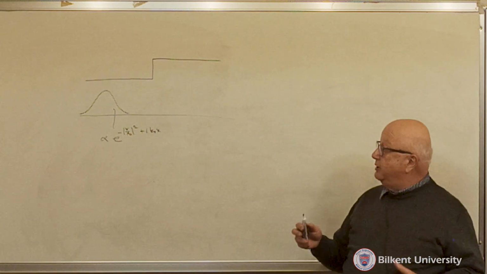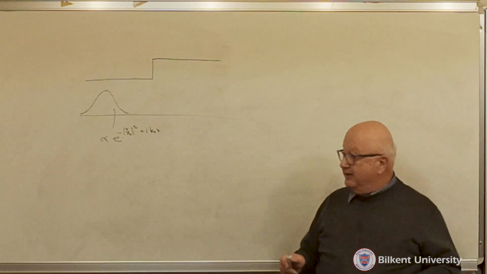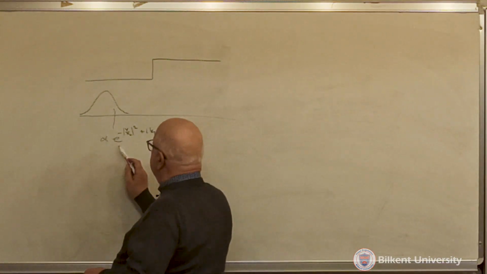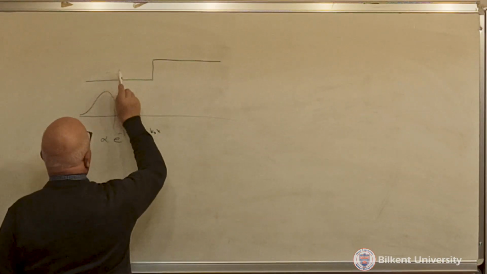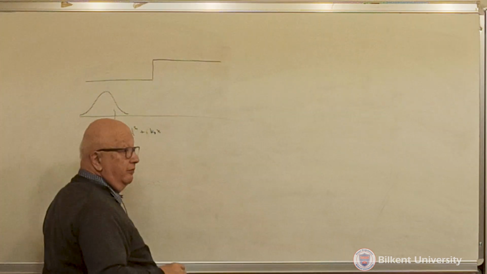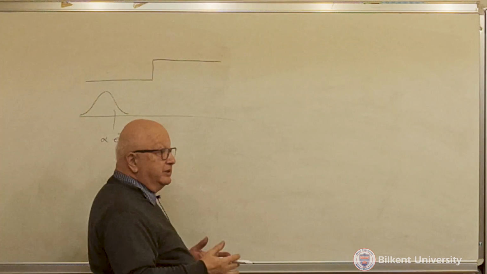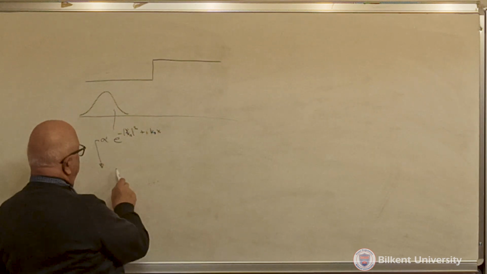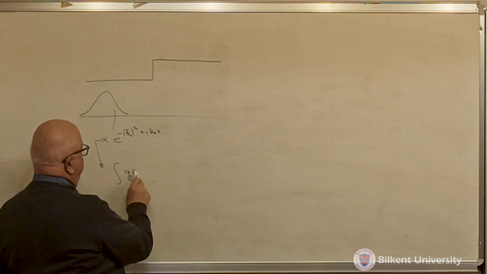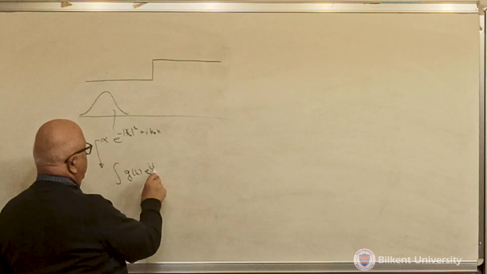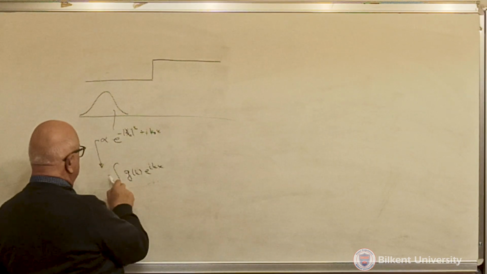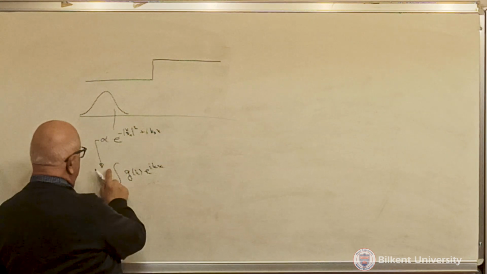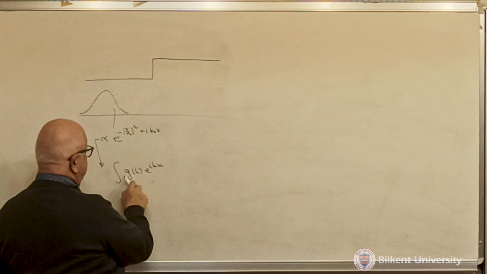Now, what I want to do is write this in terms of the eigenfunctions that I have found. But that's very easy because I know how to convert this into a g of k e to the i k x. So, let me put 1 over root pi under the g of k.